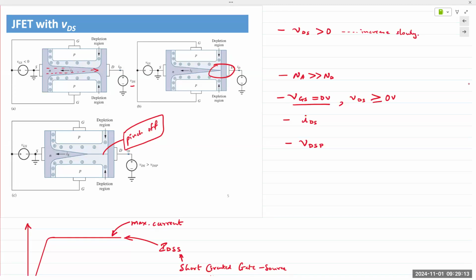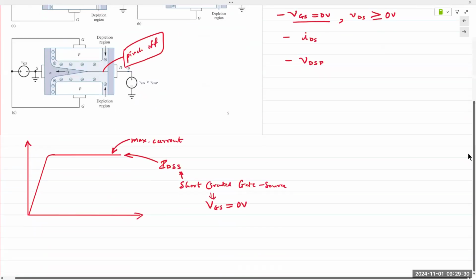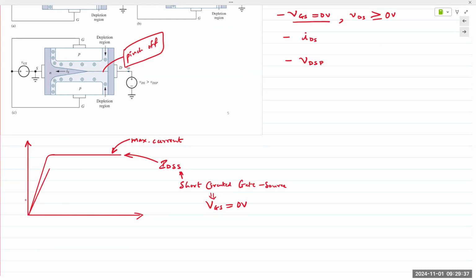So by default, even before we apply VDS, channel width is narrowed, and thus the maximum current that can flow for any value of VDS is now reduced. So we have a linear region, but the level of current is now reduced.